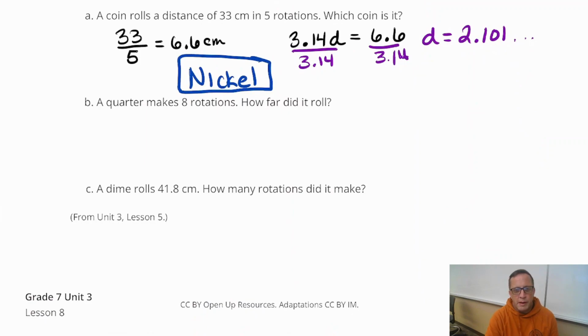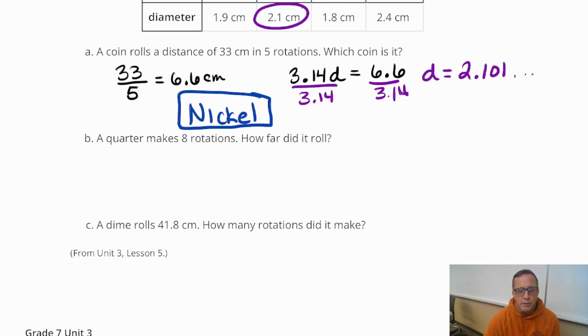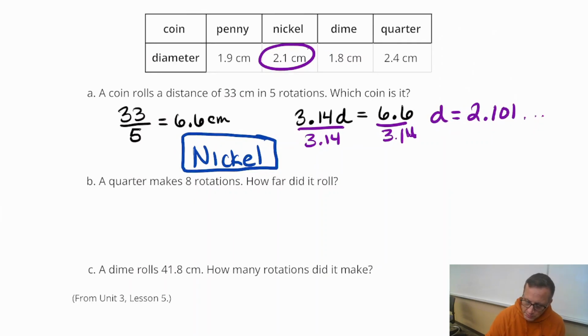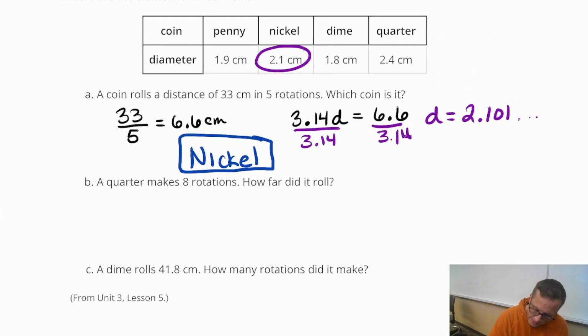All right, a quarter makes 8 rotations. How far did it roll? All right, so we need to figure out the circumference of a quarter. So the circumference of a quarter is going to be pi times diameter, which is 3.14 times the diameter of a quarter, which is 2.4.